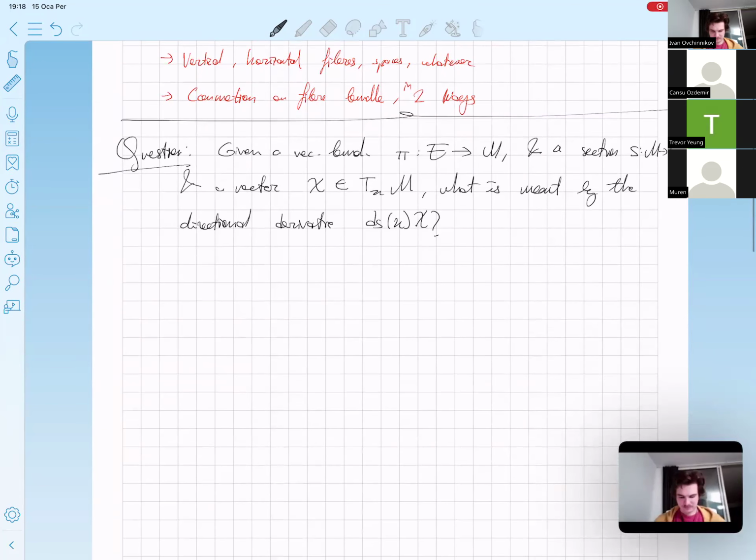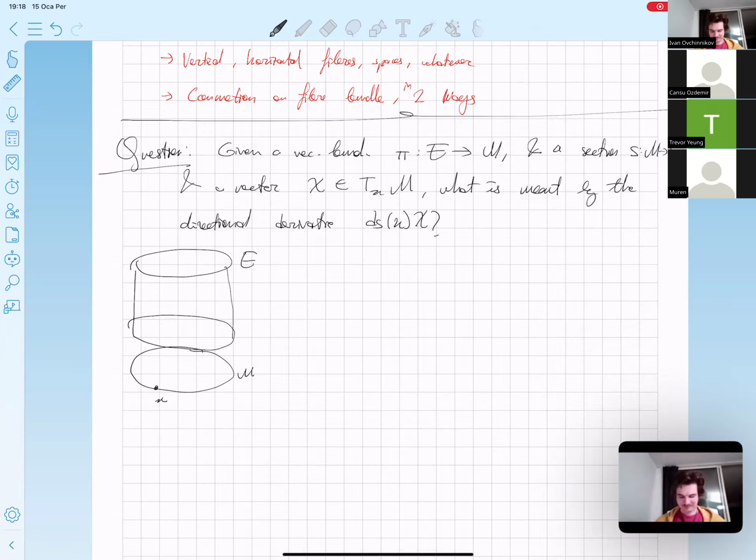So let's draw this. So this is our space M, and then we have this total space E. We have this little x here, and this is maybe tangent to it like this. So this is the big X. Now, okay, before we draw further, let's write what this guy actually does. So this is a linear map.